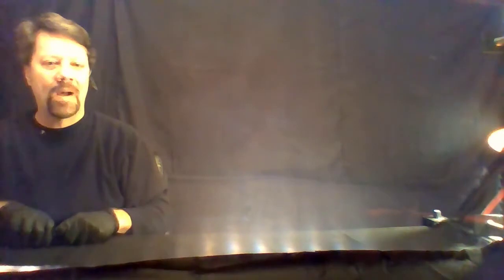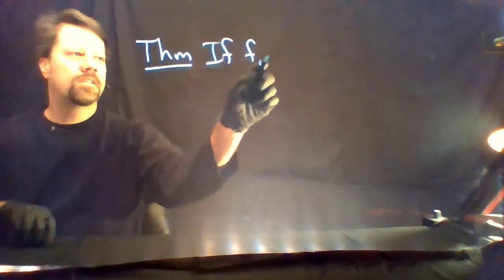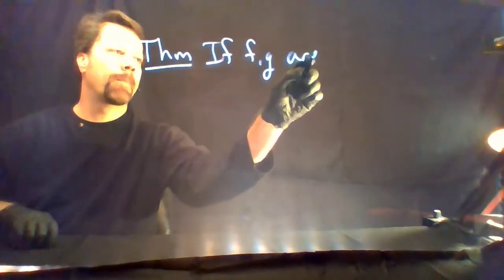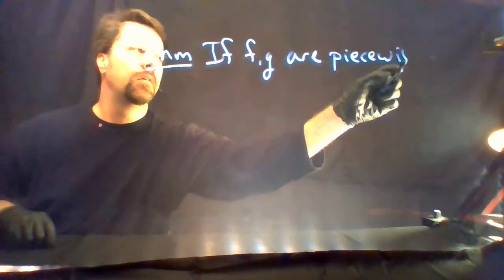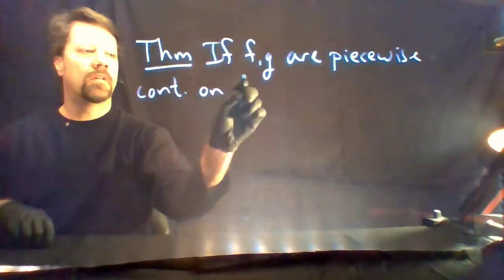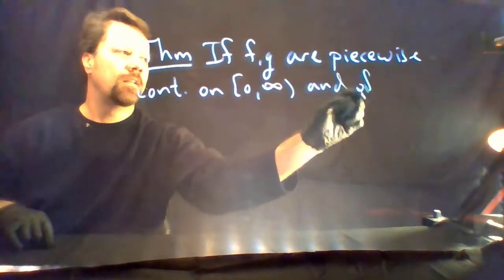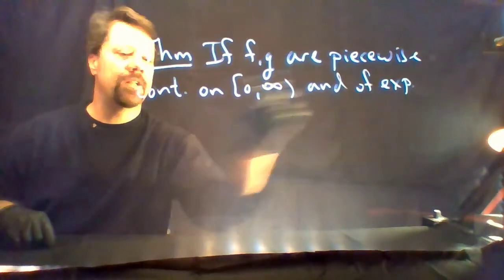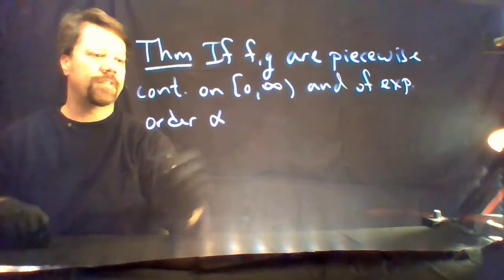So why are we doing convolutions now? Suppose that f and g are piecewise continuous on the interval 0 to infinity and of exponential order alpha for some alpha.